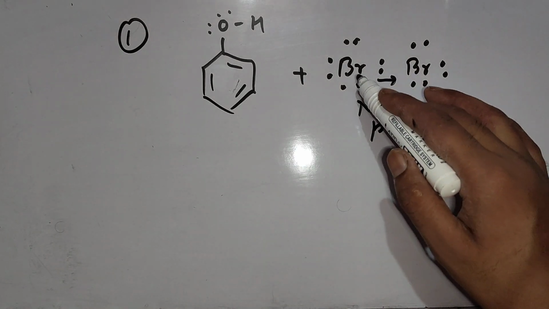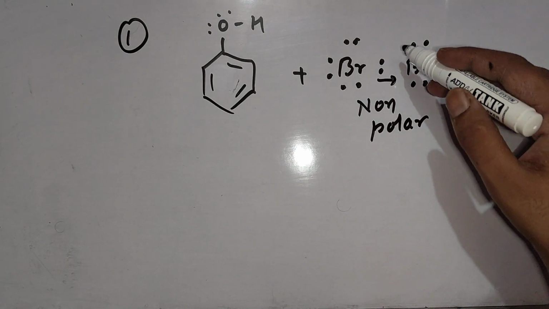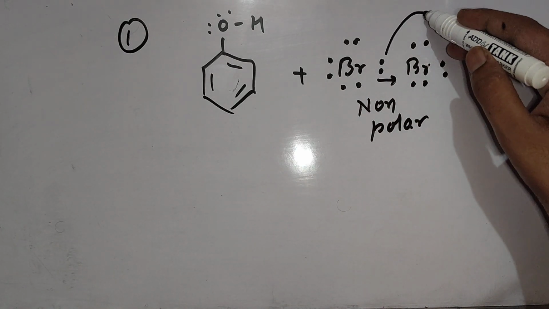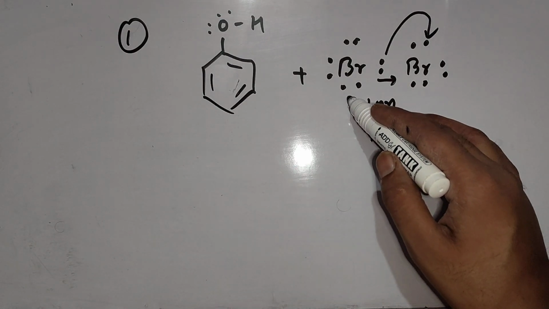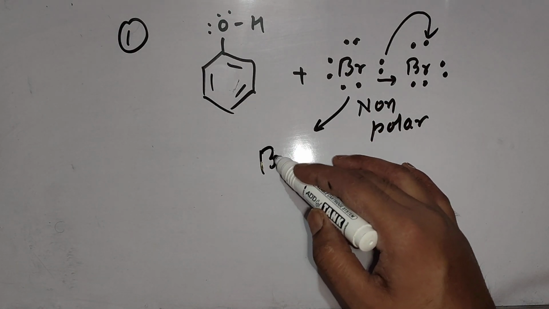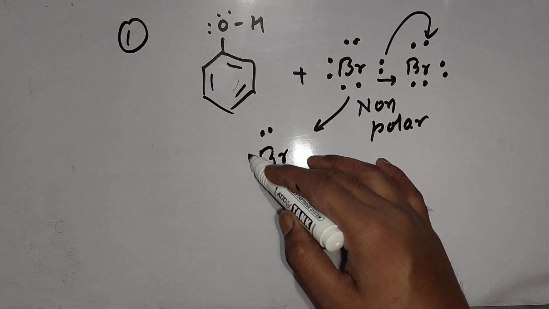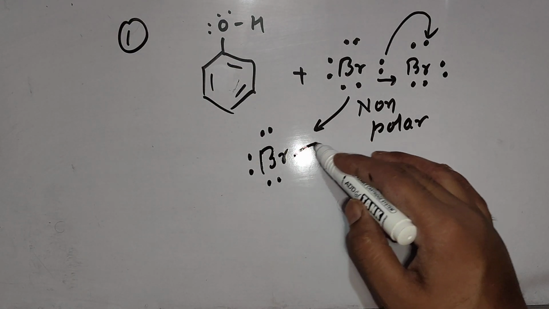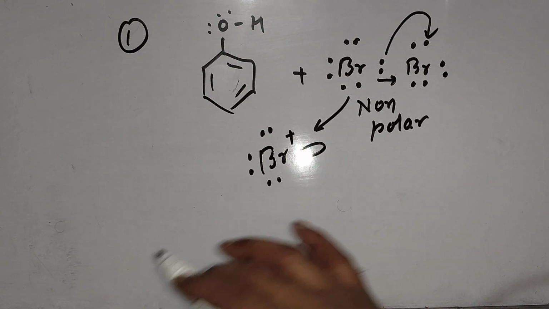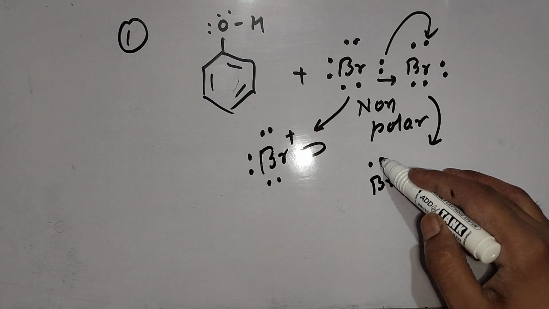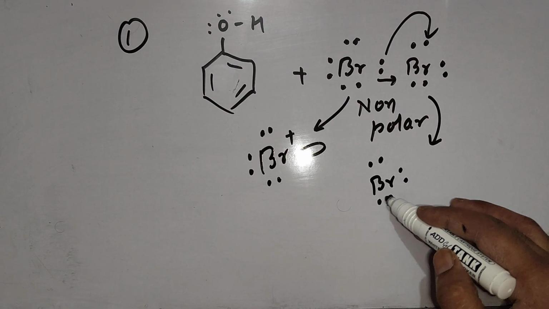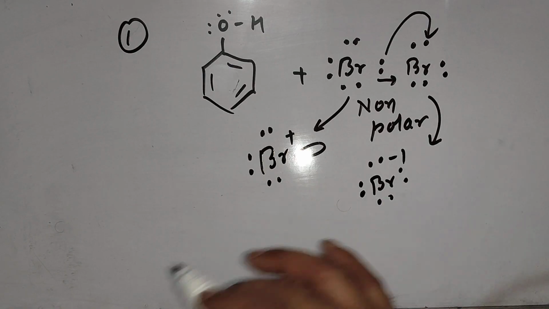Due to which the bromine-bromine bond will break, and electrons will completely transfer toward the right-hand bromine, and this bromine will become bromide ion, like in the previous case, and this bromine will become brominium ion.